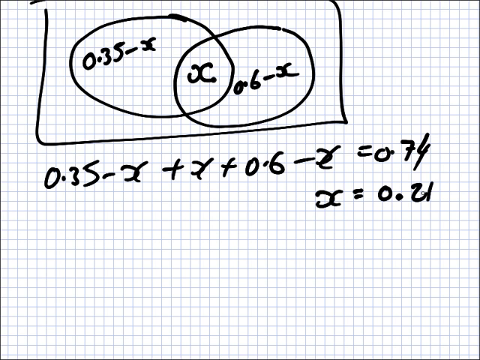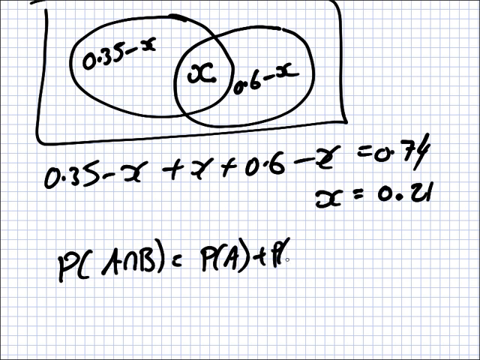Now there is another way to do it. Some of you know the other formula that lets you find P(A and B). If I remember correctly, it's P(A) plus P(B) minus P(A union B), which you can also use.